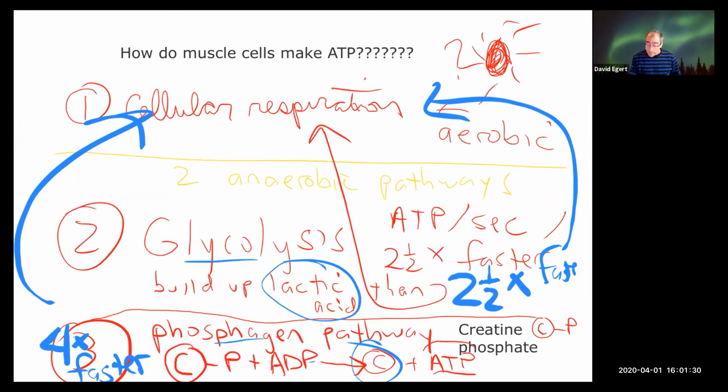I'm going to draw this prettier in a second. Just to keep you on your toes, what kind of enzyme do you think is going to be responsible for transferring the phosphate from the creatine phosphate back to the ATP? Do you remember the naming scheme? Enzymes that transferred phosphate groups.